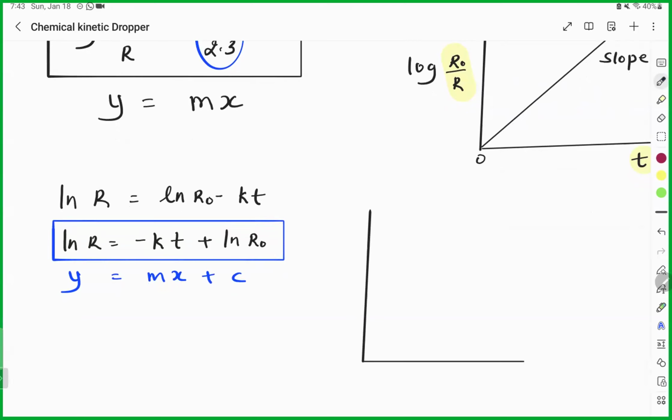Sarah, how will the graph look if you have time and natural log R? Will it be a downward slope only? Yes. Why? Because it is a straight line. And what will be the slope value in this case?